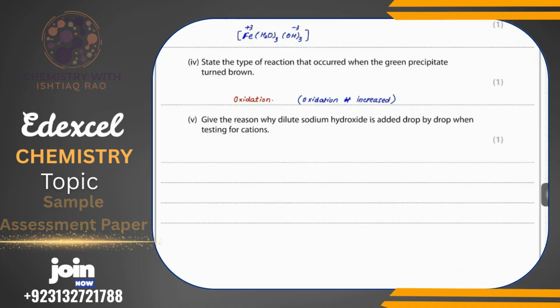When testing for cations, it is added drop by drop because if it is added in excess, another product might be formed.